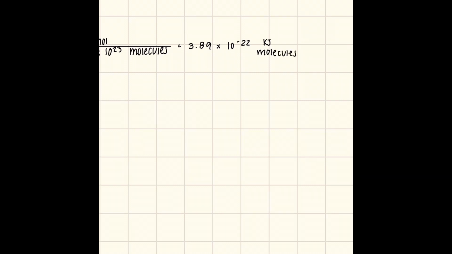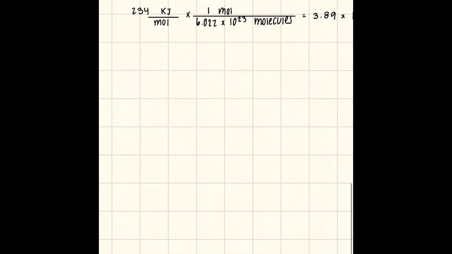Writing all of your units may seem silly, and you might think it's a waste of time. It's not. It's another way to stay organized when you're doing all your equations. Next, we take that same number, 3.89 times 10 to the negative 22nd kilojoules over molecules, and convert kilojoules into joules.